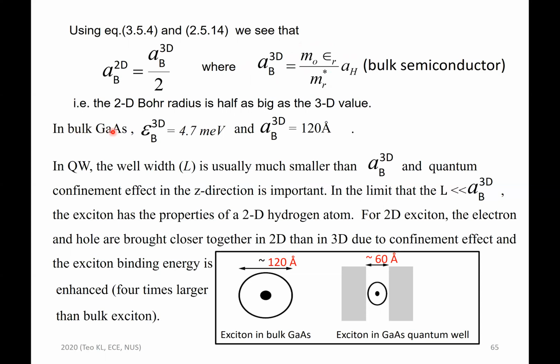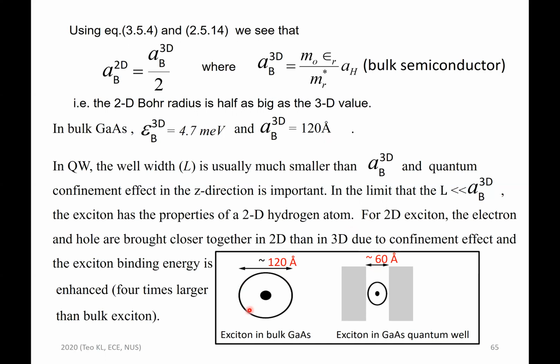So imagine in bulk gallium arsenide, your binding energy is 4.7 meV that we have calculated before. The Bohr radius in the 3D case is 120 angstrom. So in a quantum well, it becomes 60 angstrom. So this exciton in bulk gallium arsenide is free to move.